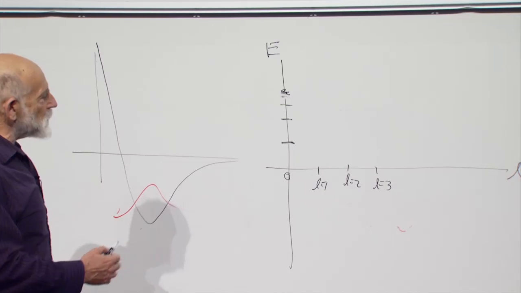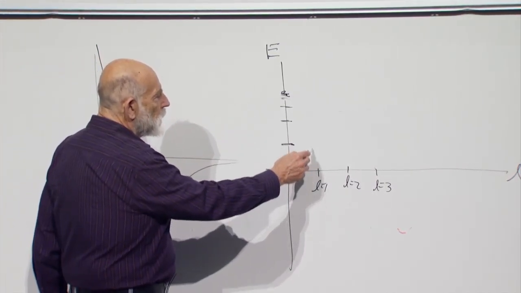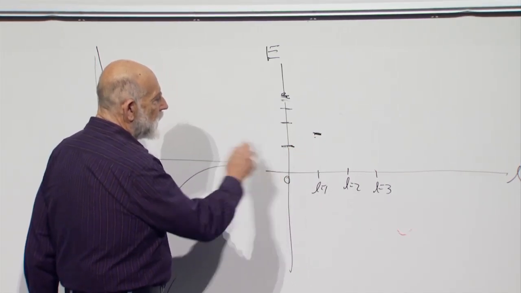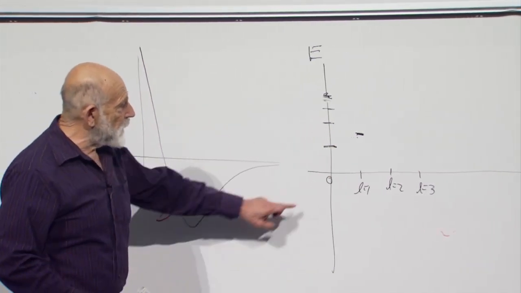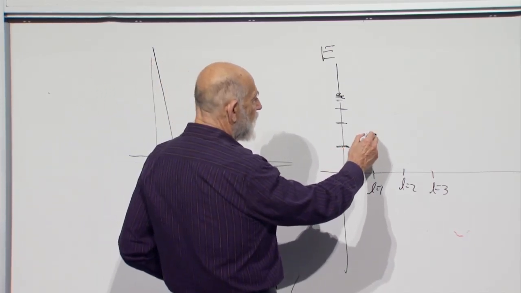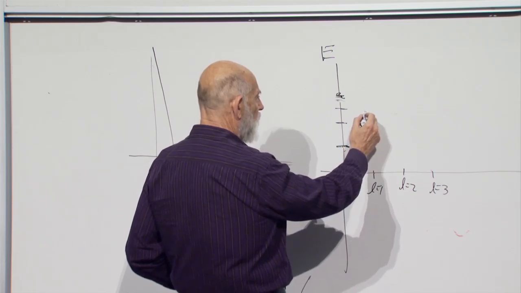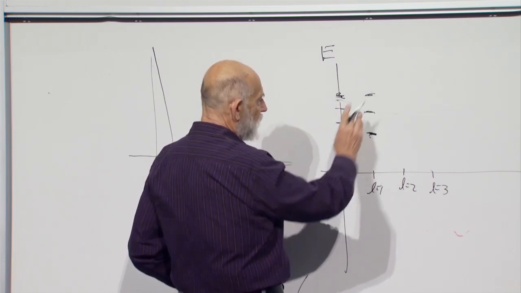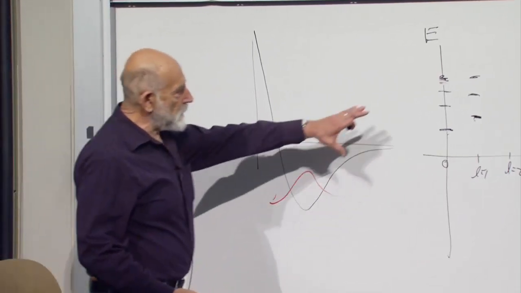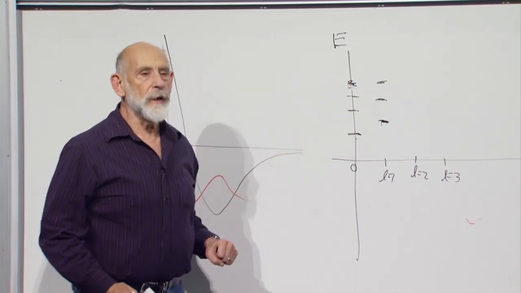So the l equals 1 state with no nodes will lie somewhat above the corresponding state with l equals 0. Likewise, the state with 2 nodes will lie above this one.